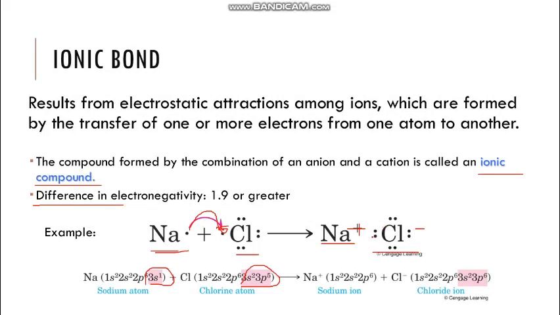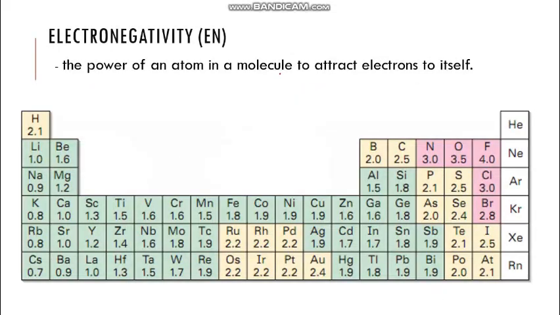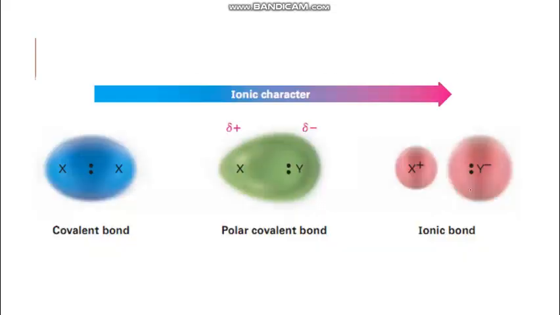And also, ionic bond siya kasi meron siyang difference na 1.9 or greater. Okay. So, ang ating sodium has 0.9 electronegativity while ang Cl natin is 3.0.